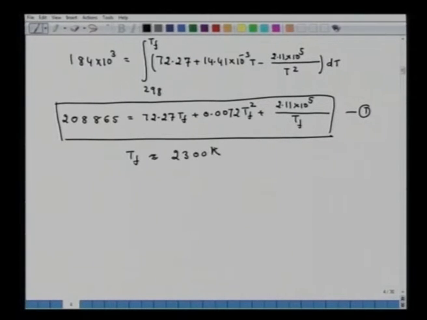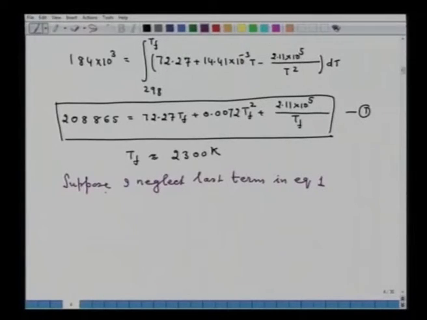Now, what I have done, suppose I neglect the last term in equation 1. That is, I am neglecting now 2.11 into 10 to the power 5 upon Tf in my Tf calculation. What is the error that I get?